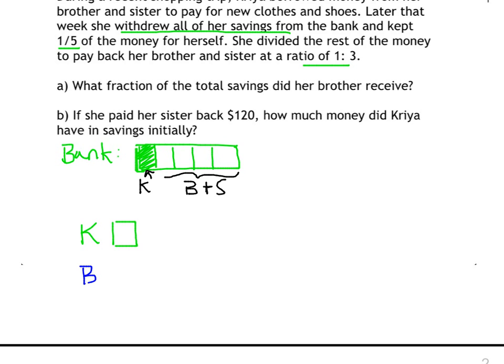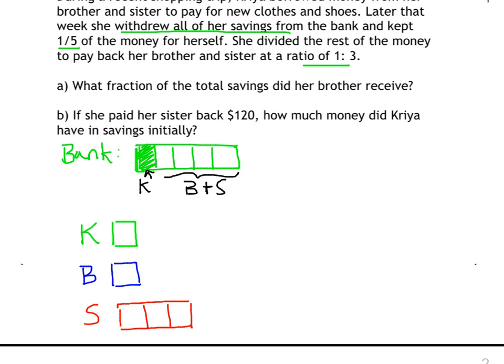We're going to use a B for her brother, and he's also going to get 1 unit. And her sister got the rest, which compared to her brother is 3 units, or 3 times as much. So her sister gets 3 of these. Okay, 1 unit for Kriya, 1 unit for her brother, and 3 units for Kriya's sister.